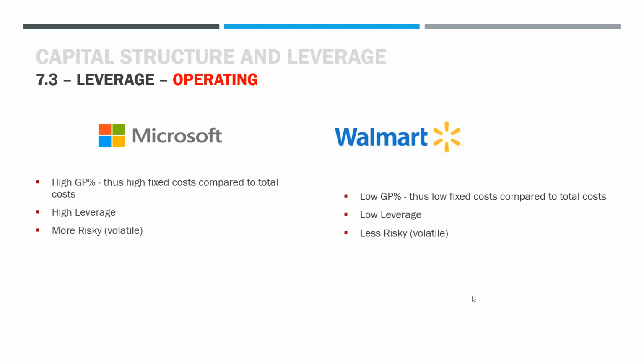Microsoft, however, has more of a gross profit percentage for their items. Or another computer manufacturer, someone like Hewlett Packard, they have an item with a higher sticker price and the cost of goods sold is not as high of a percentage as, say, Walmart, but they don't sell as much product.